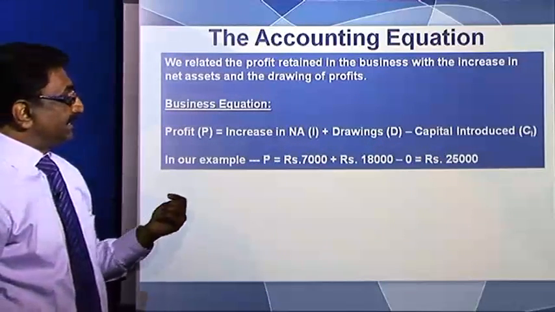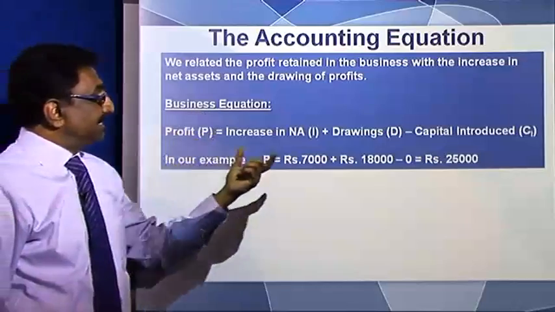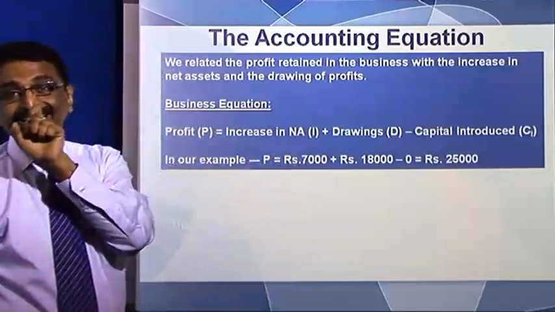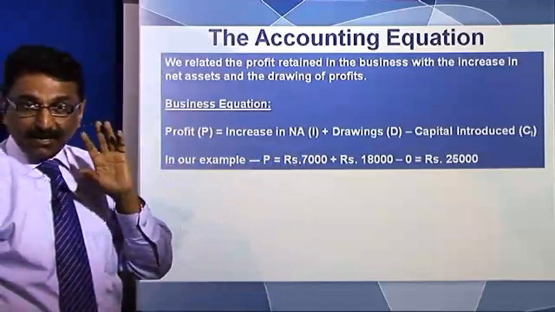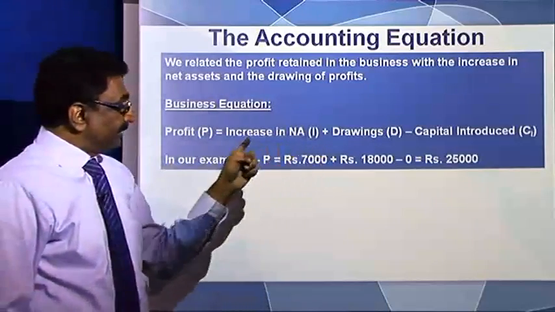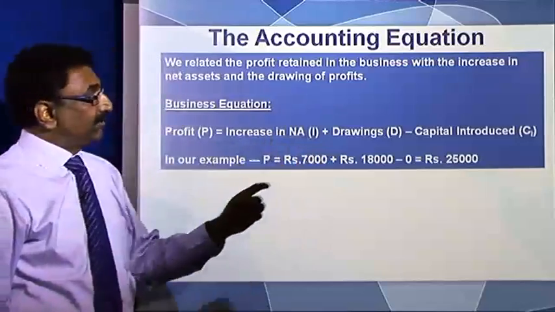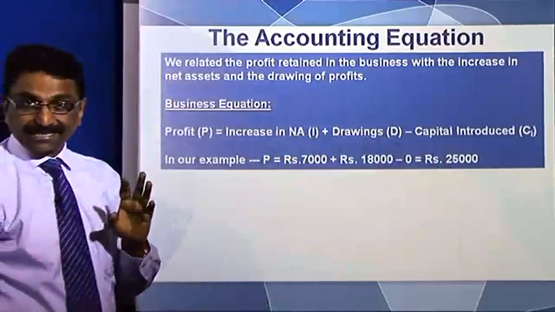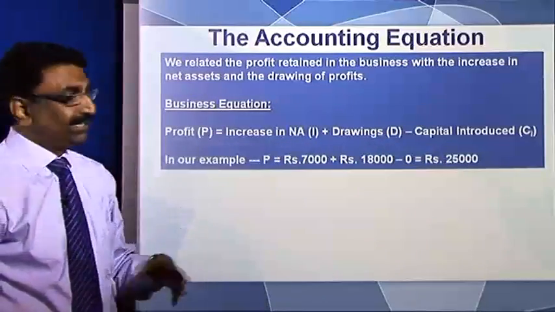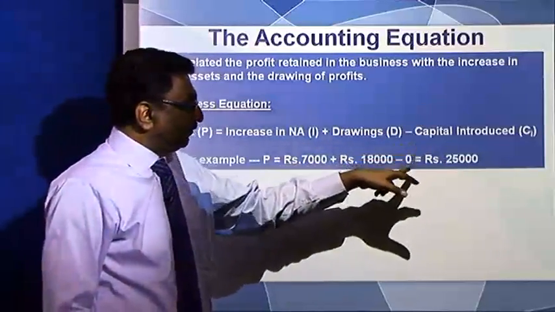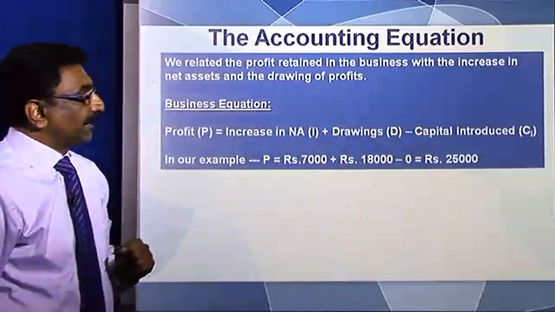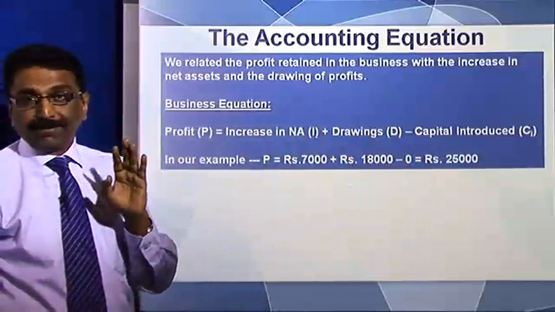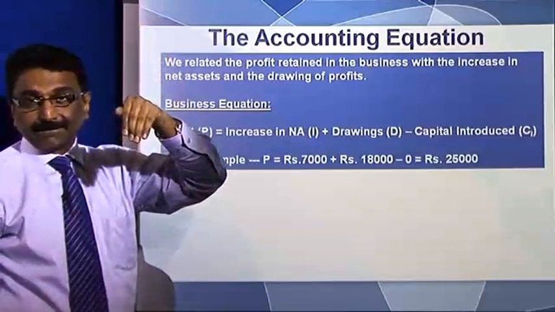As I said, the change in net assets is a reflection of the change in total assets less the outside liabilities. Now, suppose new capital was introduced, suppose Ram put in 10,000 rupees as capital. I will take an example later and explain, but just for the sake of clarity, let me say why we need to reduce capital introduced. What would have happened? 10,000 rupees would have come in as capital.